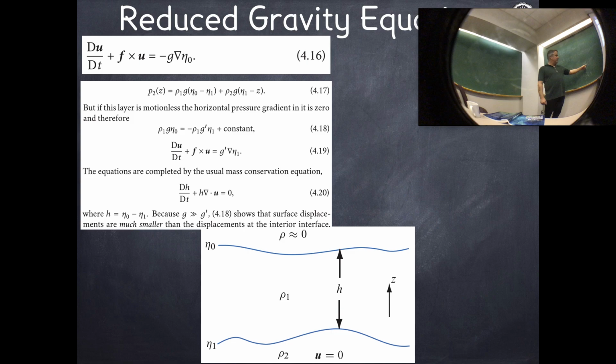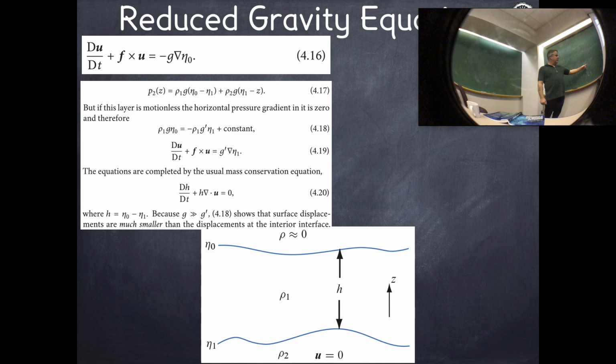So this is approximately equal to just minus eta bottom. So our H equation in the reduced gravity case is actually almost totally determined by the motion of the lower interface, not the upper interface. For the thickness equation. For the pressure equation, it could be either the top or the bottom.